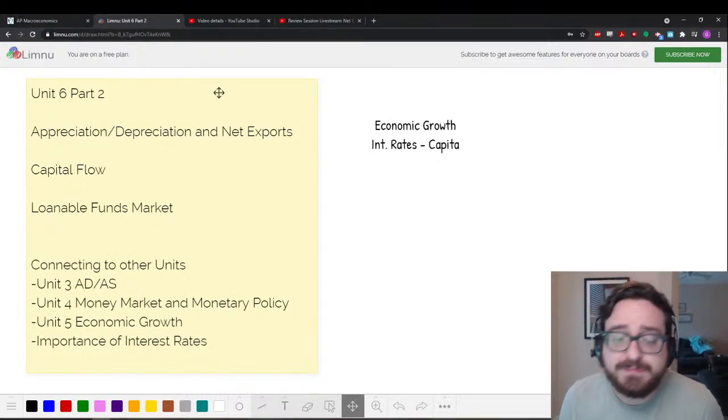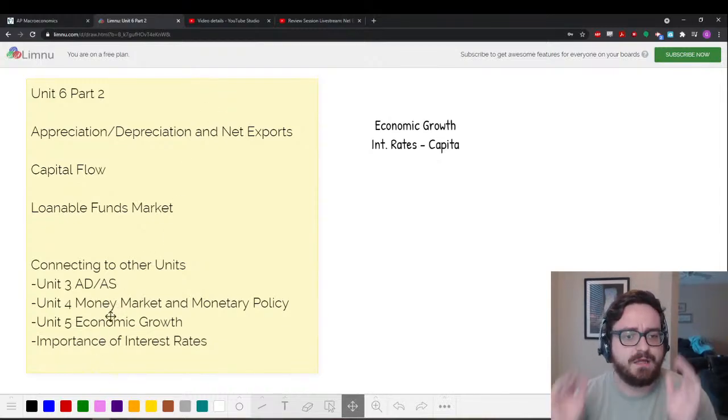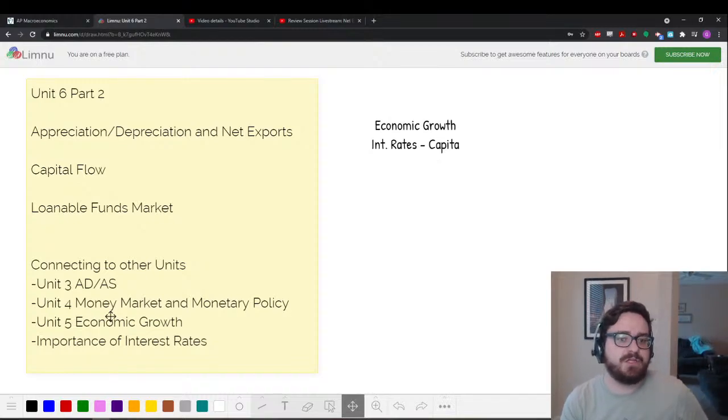Okay, in terms of content review, that's it. Now again, that last chunk is fairly high level stuff that applies mostly to the FRQs, although in this unit you'll see some multiple choice questions that really do hit on how these other units are connected. This chunk right here, the appreciation, depreciation, net exports, capital flow, and how that ties to the global funds market, that's actually a part of Unit 6's direct label.